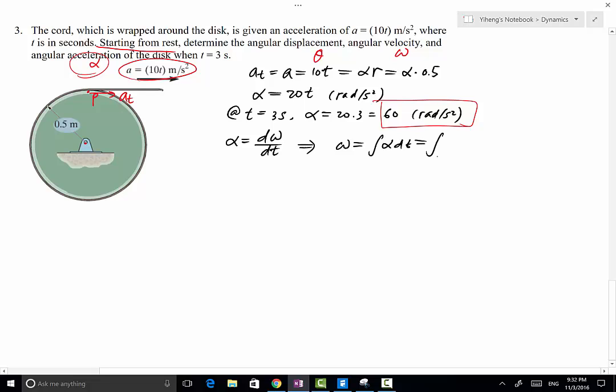In this case, we integrate from 0 to t equals 3 seconds. Alpha is 20t, a function of time, dt, and this equals 20 over 2 times t squared, evaluated from 0 to 3. So from here, we can evaluate omega to be 90 in the unit of radian per second.